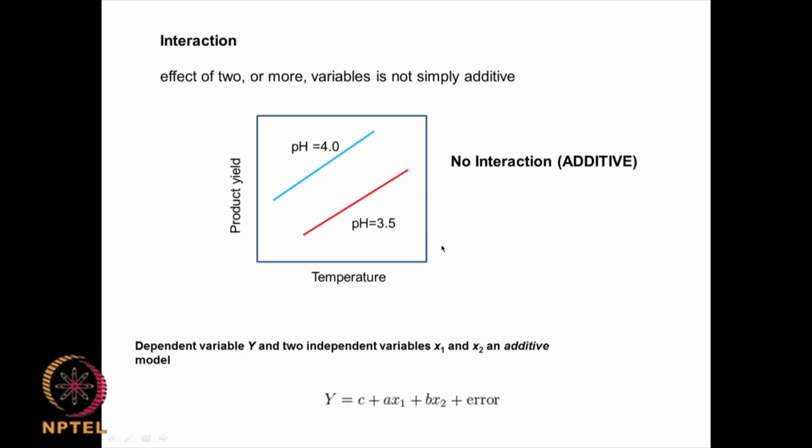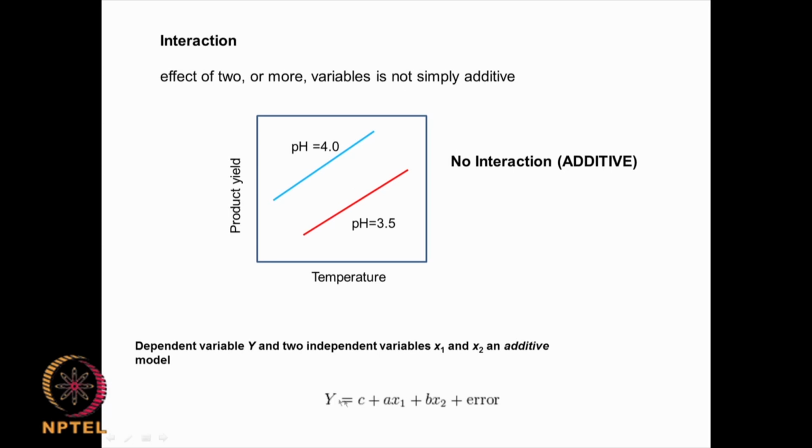What is interaction? We will spend some time on it. Suppose I am looking at product yield in a fermentation, and I am changing temperature and pH. At pH 3.5 I change temperature and get a product yield like this. At pH equal to 4, I get the product yield like this. They look almost parallel. If I want to develop a model, x1 is variable 1, temperature, x2 is variable 2, pH.